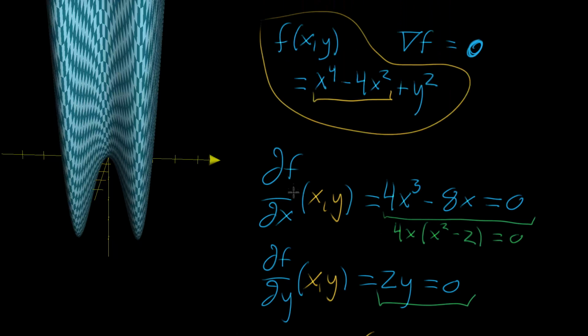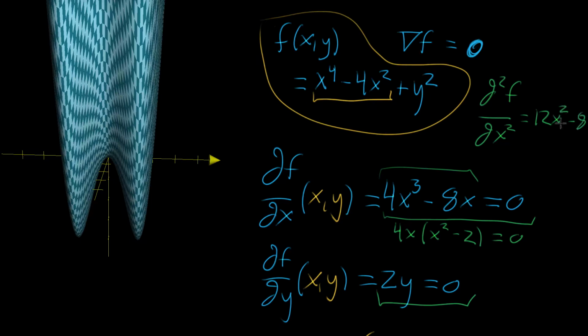For example, if we take the second partial derivative with respect to x, and I'll try to squeeze it up here, the second partial derivative of the function with respect to x, we're taking the second derivative of this expression with respect to x. So we bring down that 3, and that's going to become 12, because 3 times 4 times x squared, 12 times x squared minus 8.